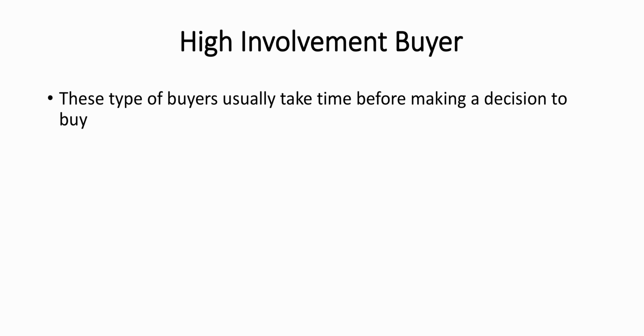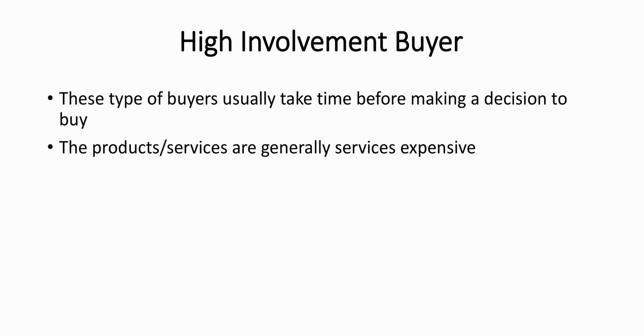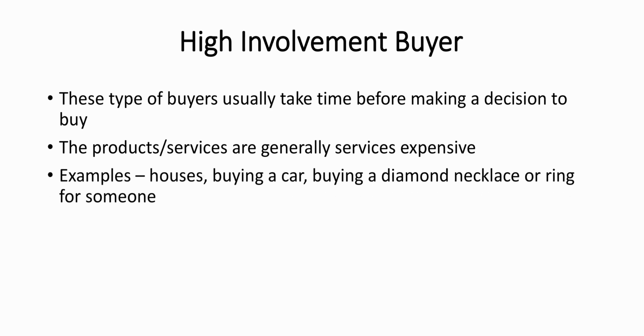The other type of buyer that we're going to target is the high involvement buyer. These buyers usually take time before deciding to buy, and they're heavily involved in the decision making process. The products and services are generally expensive. Examples include houses, which can take a year or two to buy.